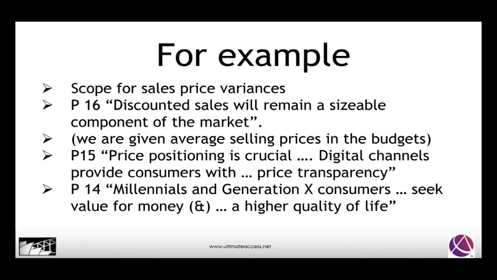Digital channels provide consumers with price transparency, on page 15. So here again, showing that as far as Manseco are concerned, price is a crucial element within the marketing mix, and as such we're going to see variances that are going to be to do with sales price.